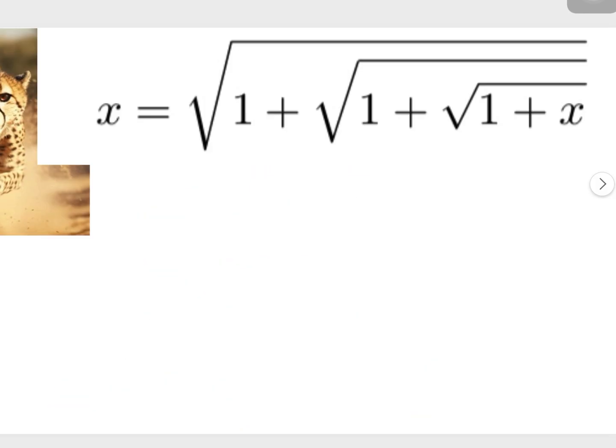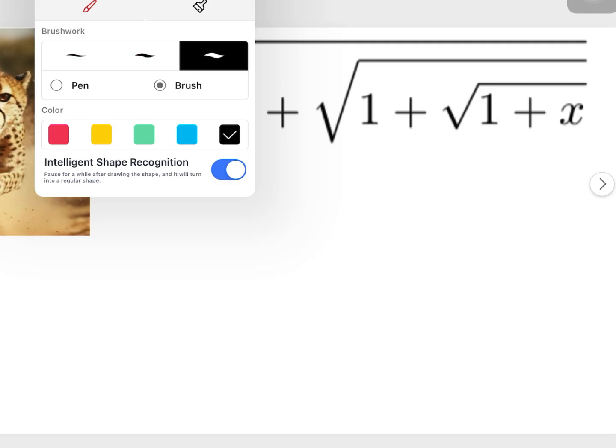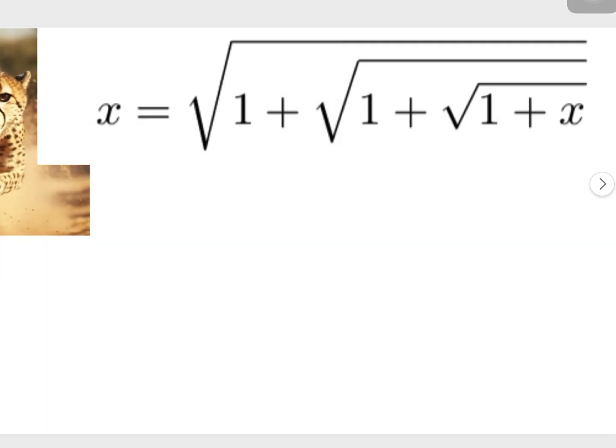On the next step, we need to check whether our solution is suitable for the equation. So we need to analyze the equation again. We have roots, and the root must be positive. So it means that 1 plus x should be greater or equal to 0.